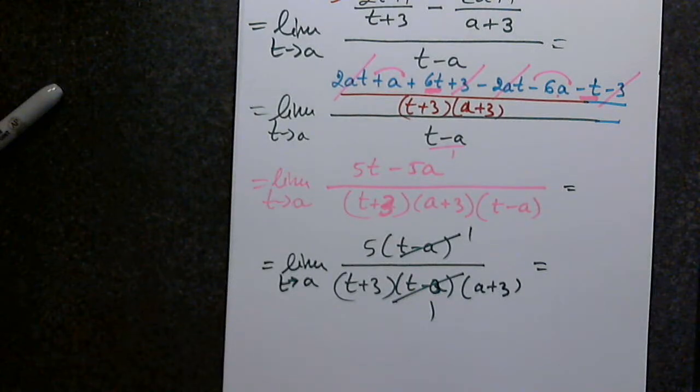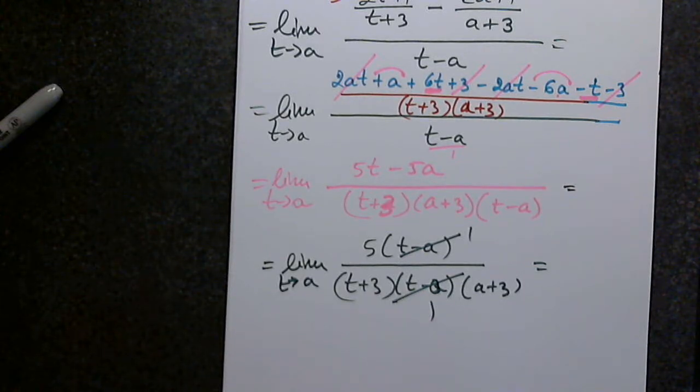At this point, I can drop the limit operator. So what is the limit? Remember, it has to be a number because a is a number, and it has to depend on a.